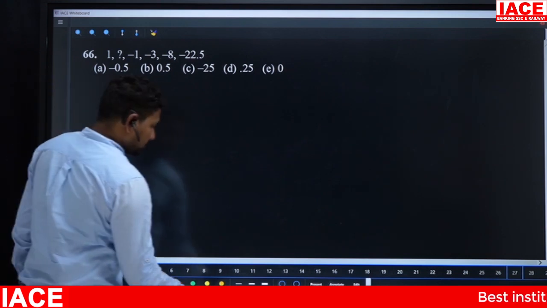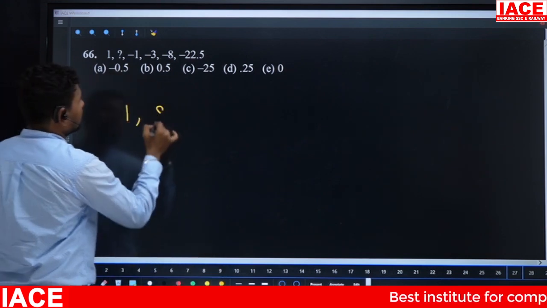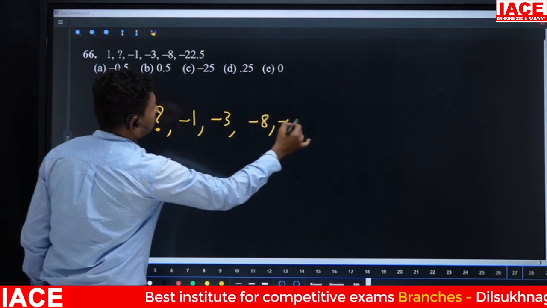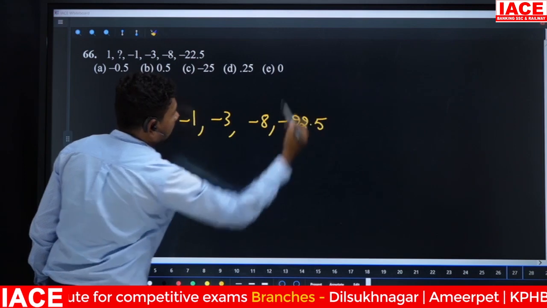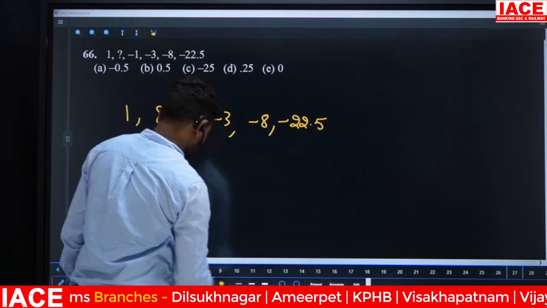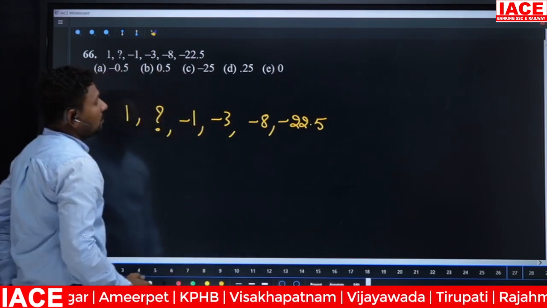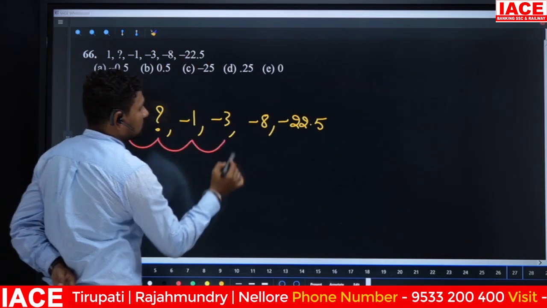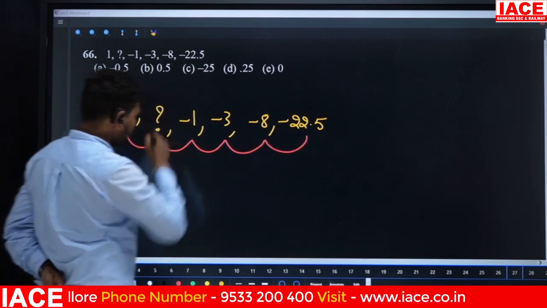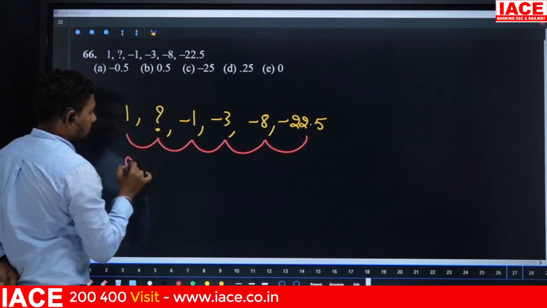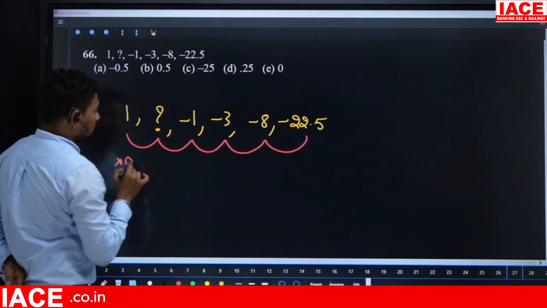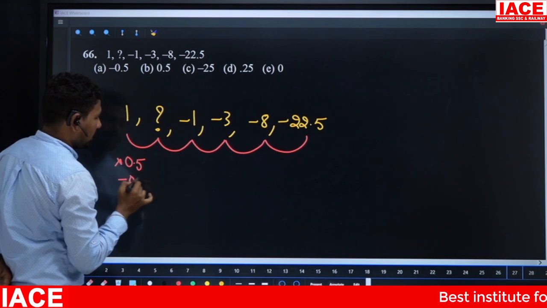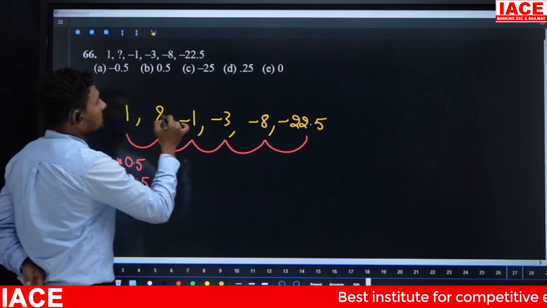So we'll write the question again. So 1 and question mark and -1, -3, -8 and -22.5. So what is the logic here? So here into 0.5 minus 0.5, then we'll get such a value.